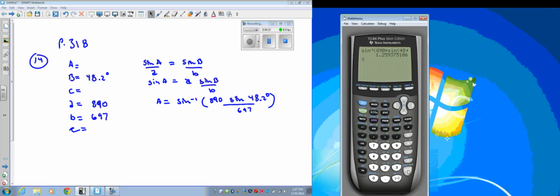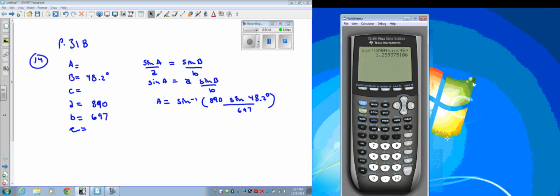I did the sine inverse. That says it's 1.25 degrees. Did I get that right? I think there's something in front of the inverse, the funny character that originally was up there. I'll do it again then.